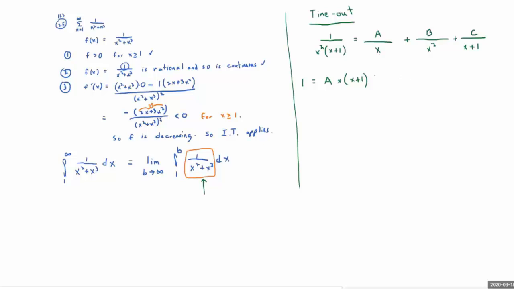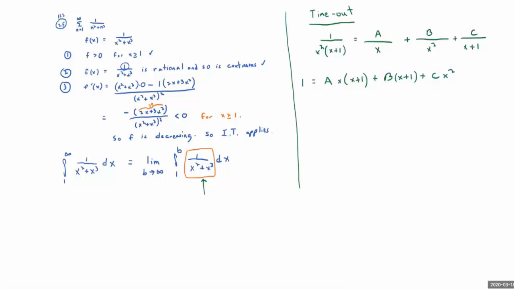Plus b times x plus 1. Plus c times just x squared. Does that look okay to you? Okay, and then let's see if we can figure out a shortcut for finding a, b, and c.